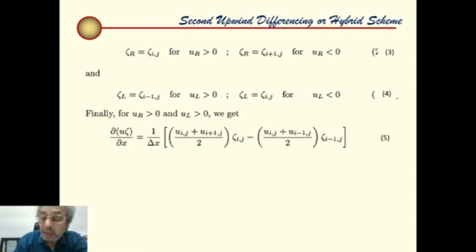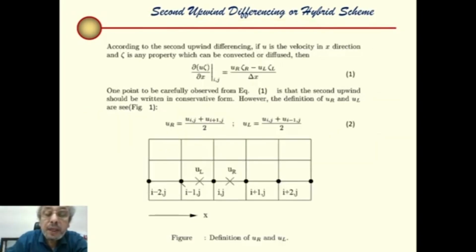So u_r is positive, and the upstream point related to u_r is the i,j point itself.